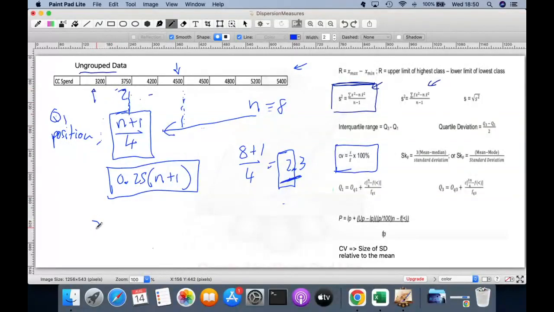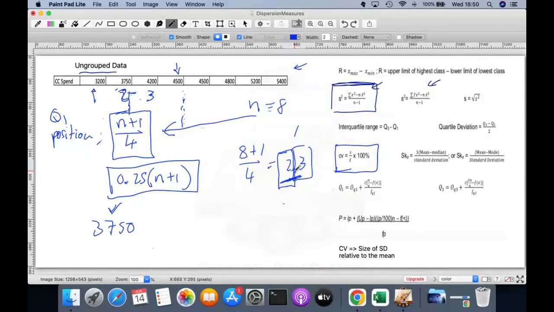If it was exactly 2, then we would just take the second number, 3750, and we would stop here.